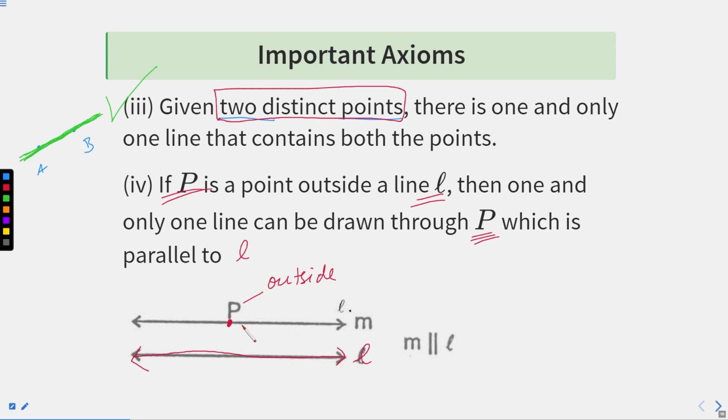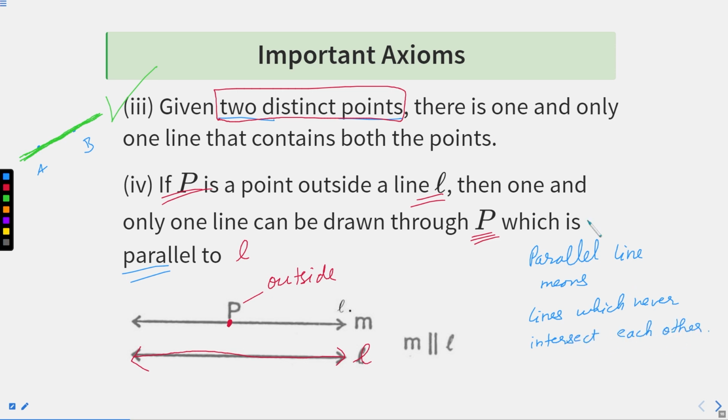So if someone wants to draw a parallel line, first we want to know what a parallel line is. Parallel lines means lines which never intersect each other.